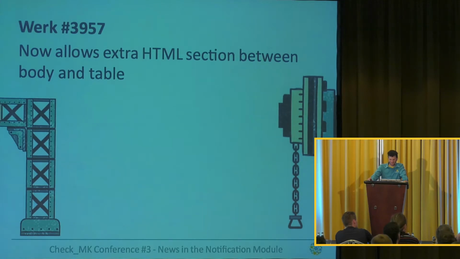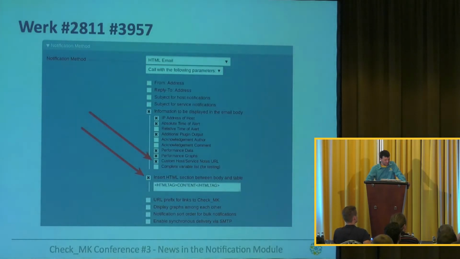And you can also add an extra HTML section between body and table. Maybe add the user or email recipient and put some in. You can put some like big colorful letters in there, warning, please look out or something, or provide extra information.